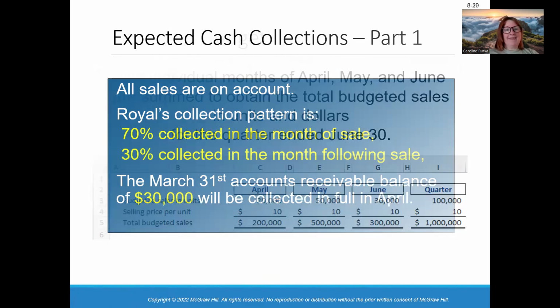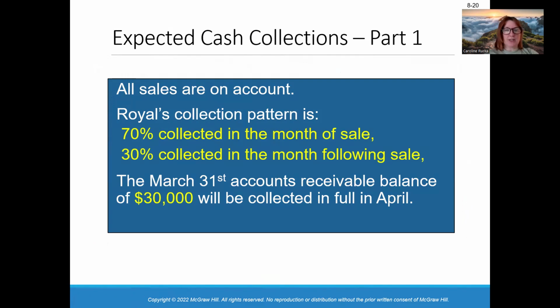Now, that is going to flow into our cash collection schedule. This is the information that we need for that. We're making our sales on account, all of them. We collect 70% in the month of sale, and 30% is collected in the month following. The March 31st accounts receivable balance of $30,000 will be collected in full in April.